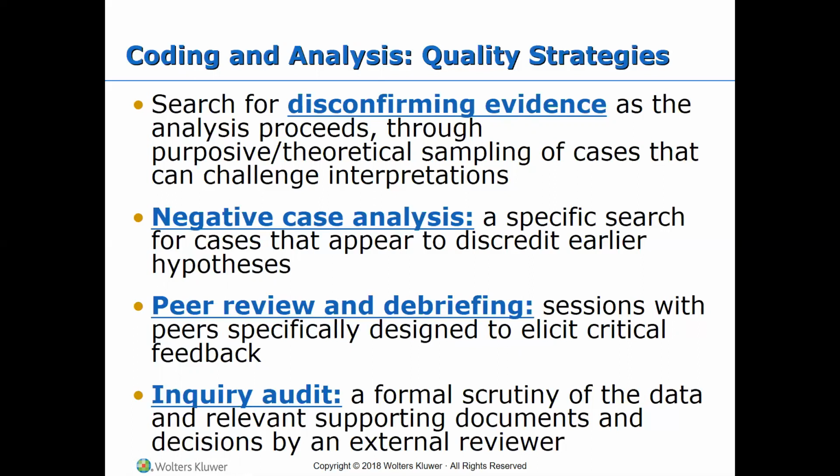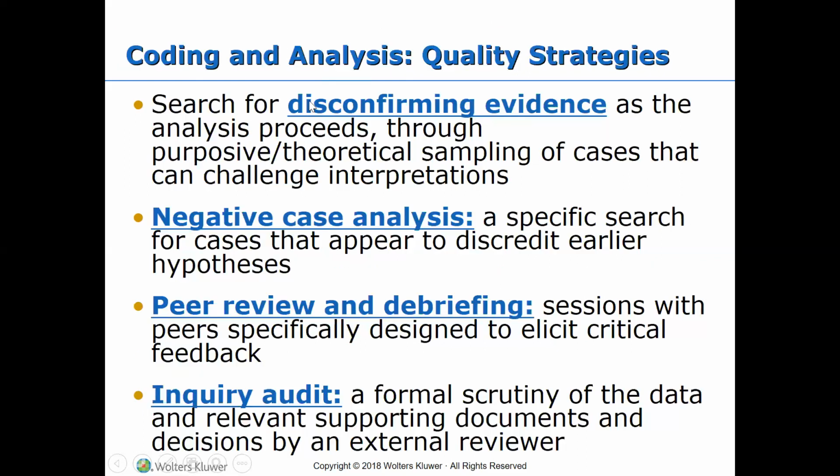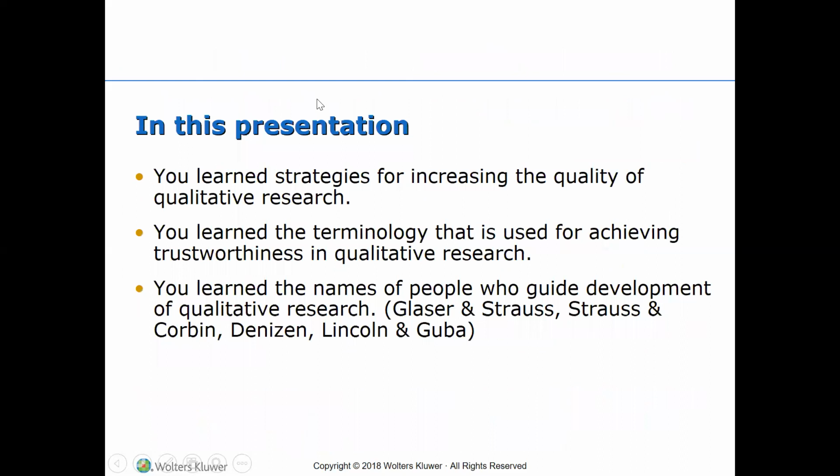And then again, the audit of the coding and analysis strategy is to take a scrutiny of the data and all the documents and how you made a decision from that to go to the next one, to go to the next one. So just recognize that each of these areas, these are strategies in data and methods. These are strategies when you code and analyze it.